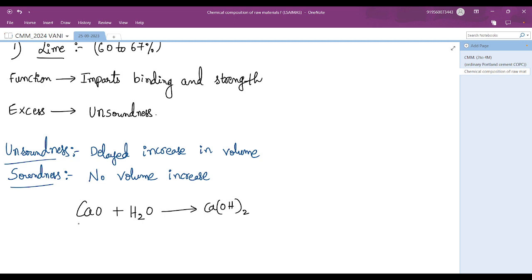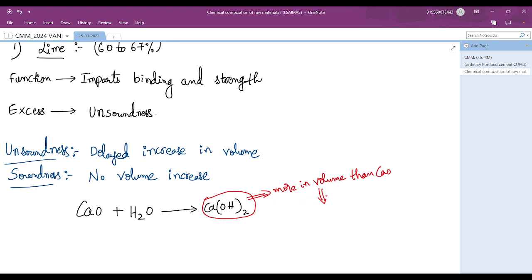But if lime present is more than this amount, maybe 75% of lime is there, then whatever is in excess of the required amount reacts with the moisture content present either in the atmosphere or within the cement mass, and it gives rise to Ca(OH)2, which has more volume than CaO.